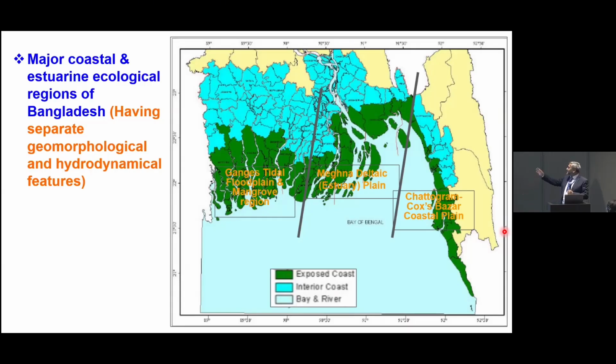And on the right side, the eastern part, is the Chattogram-Cox's Bazar coastal plain, which is basically made of sandy beach and sandy area. In the middle area, high siltation occurs, and in the western side the water is very turbid and muddy.